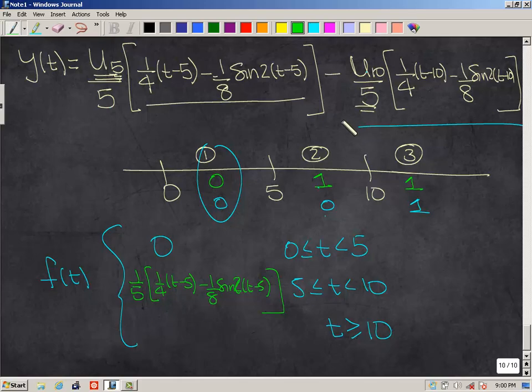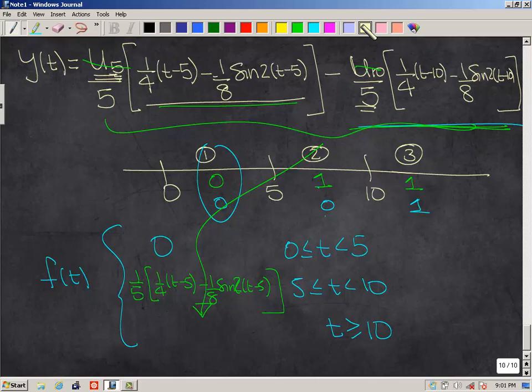And then after 10, this u of 10 is 1, so this is present, and this is present, so you write this whole thing here, without the u's though. And that's the answer to that problem. So I've done 2 examples, and the rest of the problems are exactly the same. We've done this in stages, so you should be able to handle this easily.